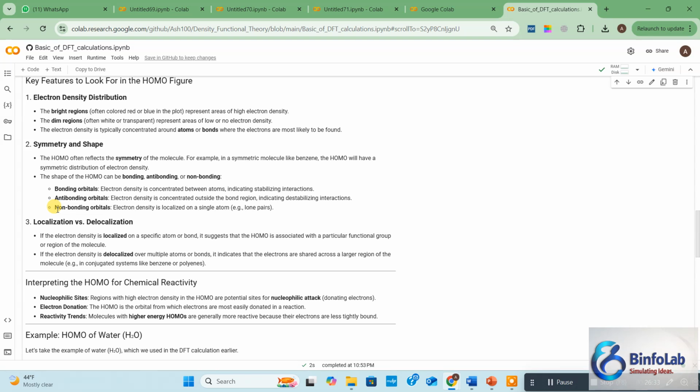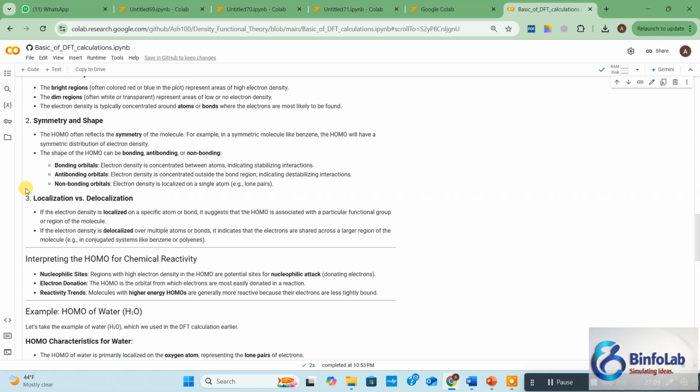And the third one, non-bonding orbitals. If the electron density is localized on a single atom, which we also call lone pairs, then we will call it a non-bonding orbital. For example, you have two atoms, but one of them is flashy and one of them is not. It means one of them has the electron density and the other does not have it. So that's why it will be a kind of non-bonding orbital.